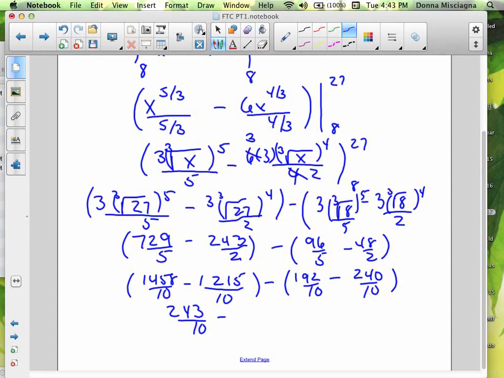Tenths minus, and that's actually going to be a negative here, we're going to have 40 plus another 8, 48, so it's going to be plus 48 tenths, because I'm subtracting a negative. The 240 is greater. So that's going to give us 291 tenths, or exactly 29.1.